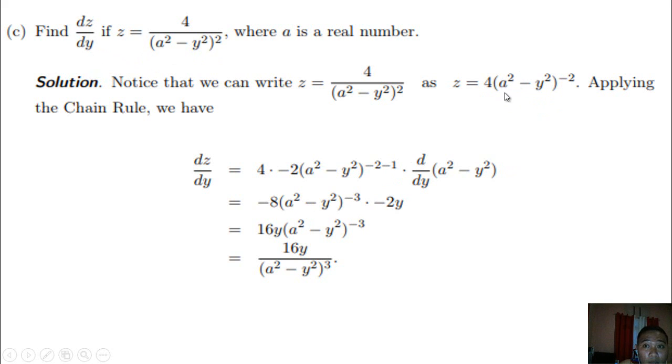So, mag-0 na ito, because there is no y in here. Then, this one, negative 2y, yung kanyang derivative dito. Kasi 2 times 1, 2 minus 1, that is negative 2y. So, this is the derivative. And then, we multiply, that is 16y, a squared minus y squared raised to the power of negative 3. Then, ibalik na natin sa baba, and that becomes positive. So, you will get 16y over the cube of a squared minus y squared.